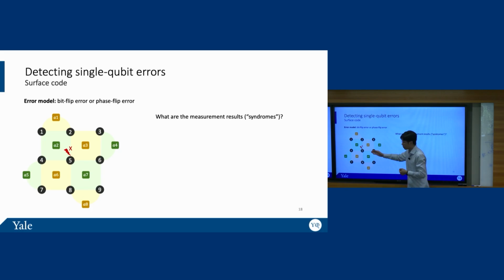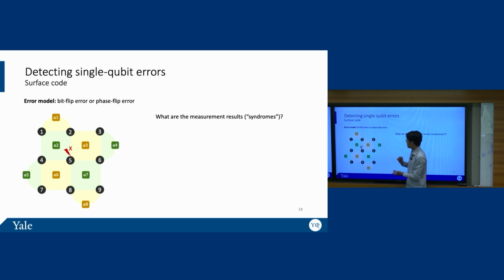But if the error anti-commutes with the stabilizer, it will flip the ancilla qubit and the measurement result will be able to flag them.